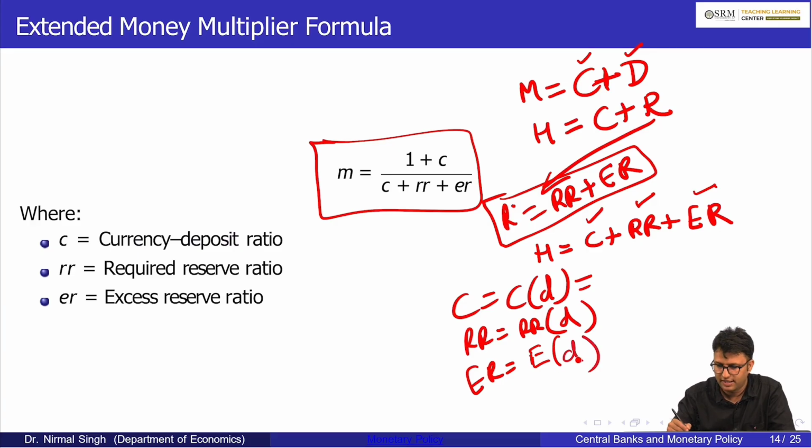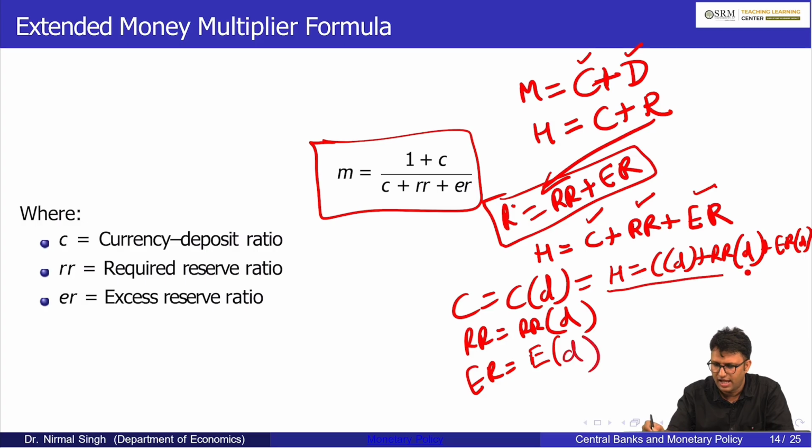So now if that is the case, we can fill these values in the extended formula. So H is equal to C into D plus RR into D, plus ER into D, also a proportion of D.